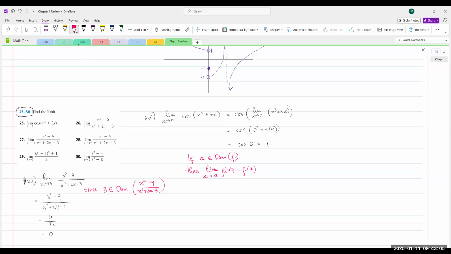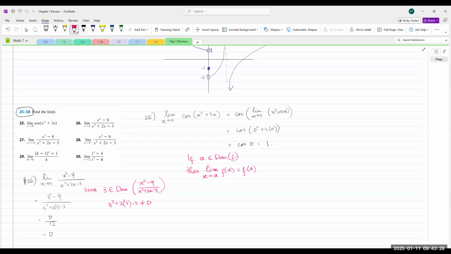How do we know that x equals 3 is in the domain of that rational function? Well, because 3 is not a zero of the denominator. If you plug in 3 on the denominator, you don't get 0. So we can just plug it in right away.